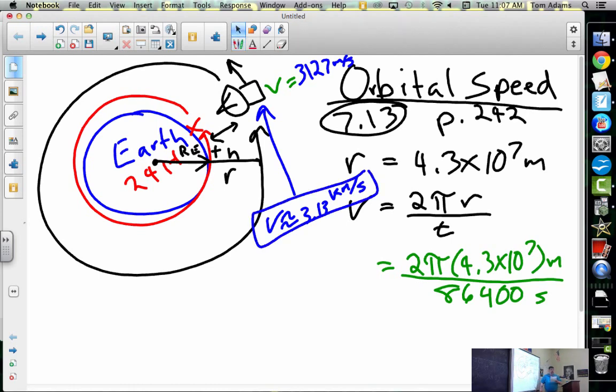So when the satellite is 4.3 times 10 to the 7 meters up in the sky, in order for it to stay right above us, it has to literally travel 3 kilometers in a second. 1 Mississippi, it just went 3 kilometers. 1,000, it just went another 3 kilometers. It's pretty fast, isn't it?